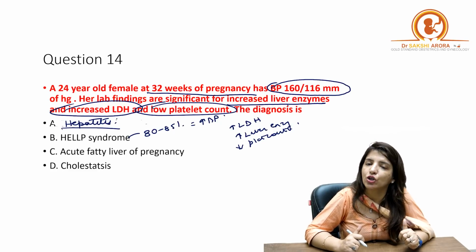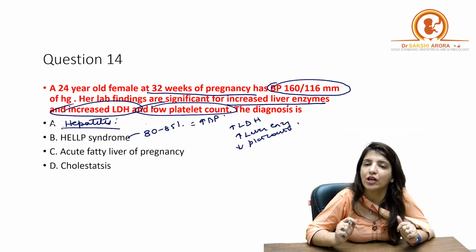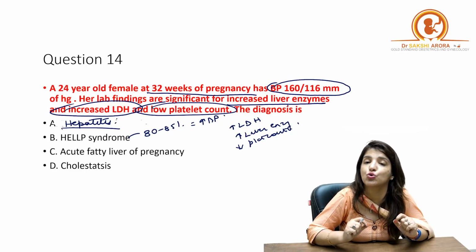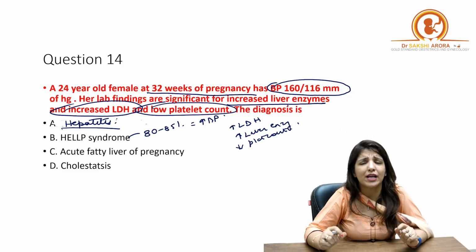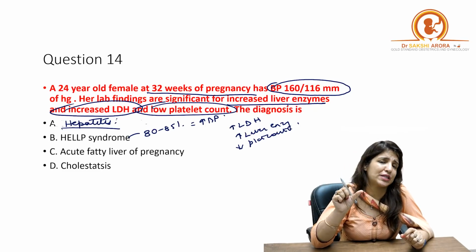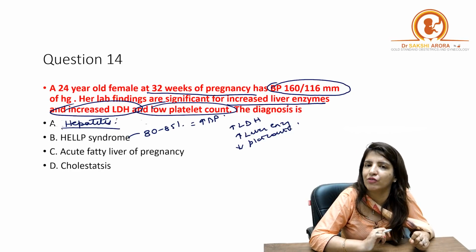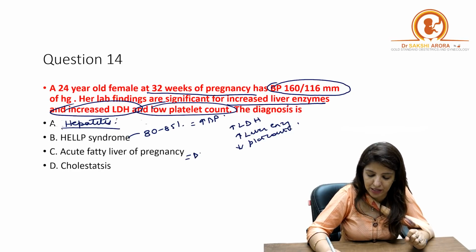In case of acute fatty liver of pregnancy, number one, patient's BP is usually normal. It may be raised, but that is only in a very small subset. Most of the times in acute fatty liver of pregnancy, patient's BP is normal.